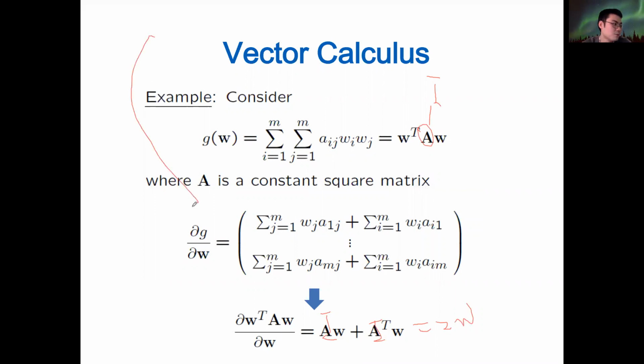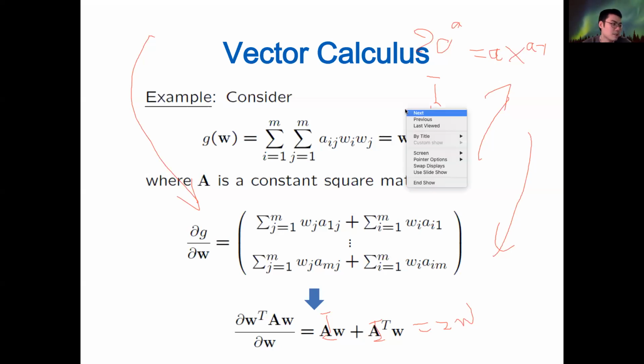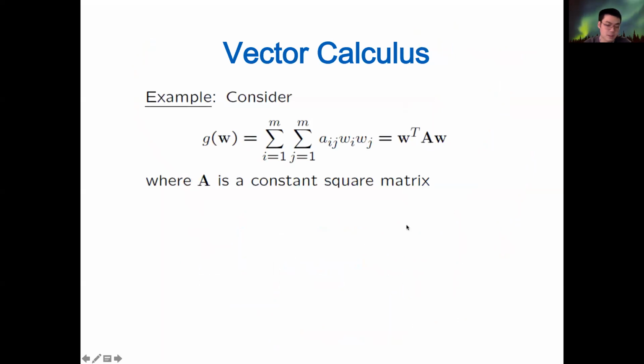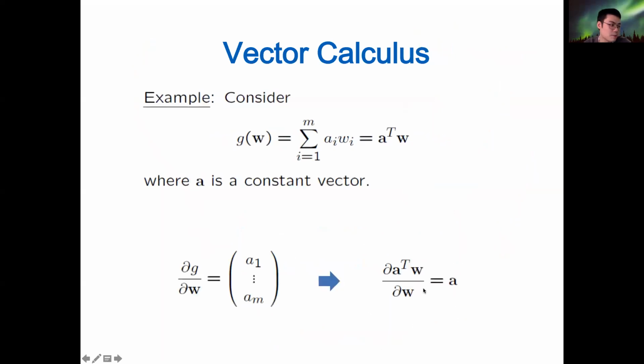You need to memorize them, just like you memorize how to take the derivative of X to the A, which is A X to the A minus 1. If I ask you to prove this right now, you don't know how. It's taking a limit. It's the same. You need to memorize these things, at least those linear form and quadratic form, as we emphasize again. The others you can go to the Matrix Cookbook, but these two you should really have in your mind. And that's also what we require in the first assignment.